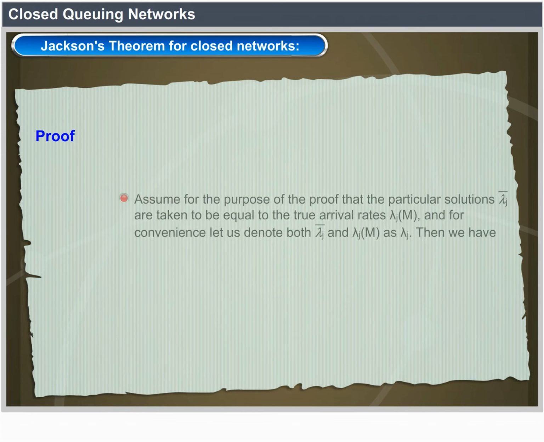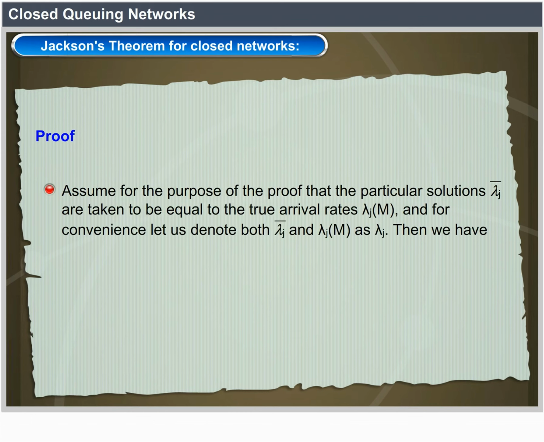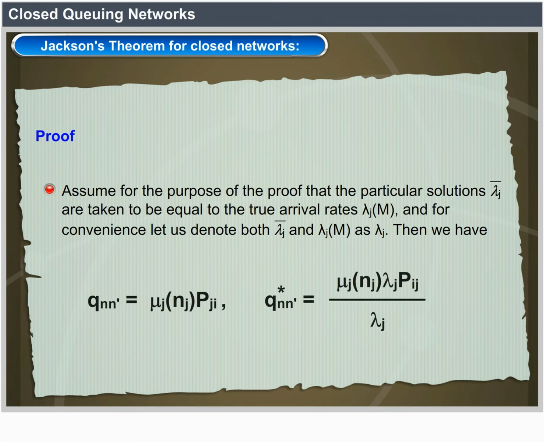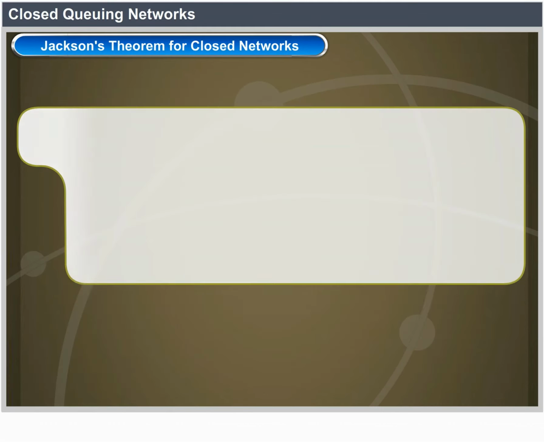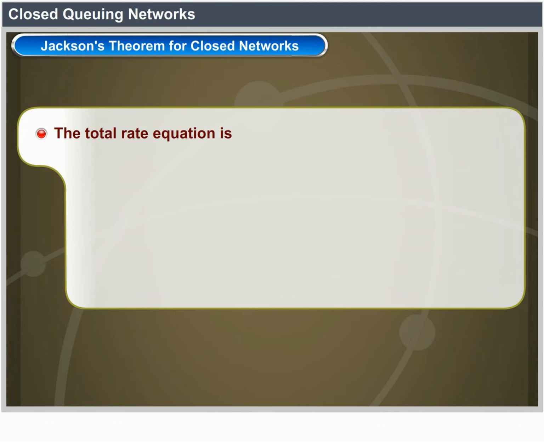Assume for the purpose of the proof that the particular solutions lambda bar j are taken to be equal to the true arrival rates lambda j of M, and for convenience let us denote both lambda bar j and lambda j of M as lambda j. Then we have the total rate equation as shown.